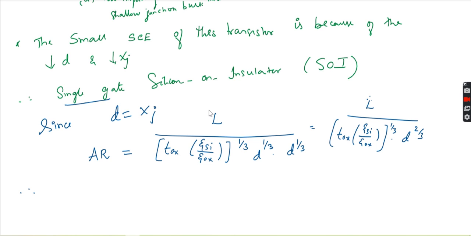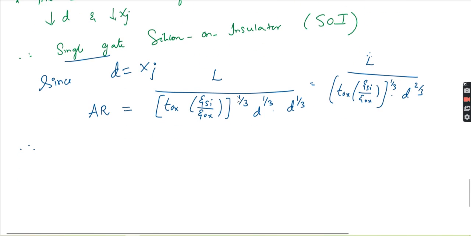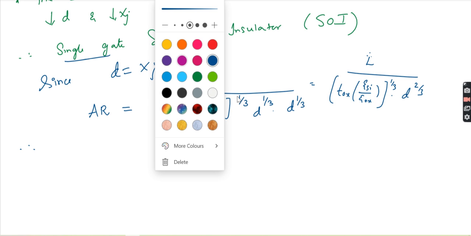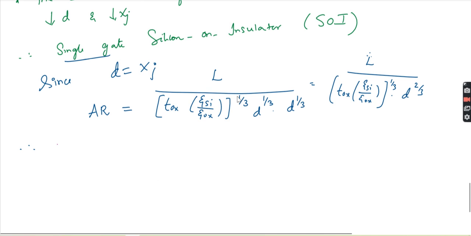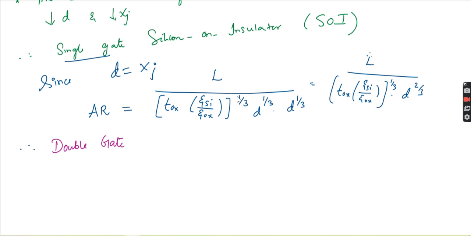If it is double gate, let us go for double gate silicon on insulator.